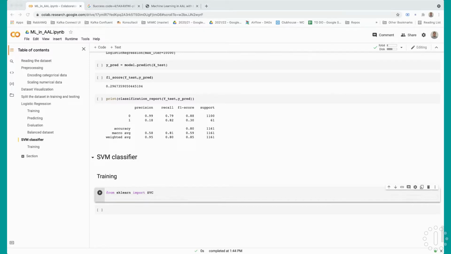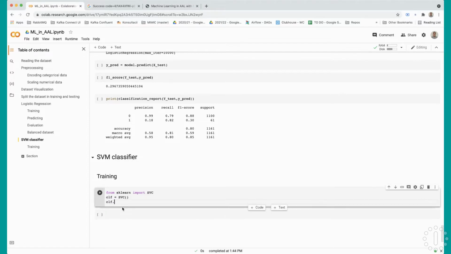After doing that, we have to create the object of this classifier. Classifier equals SVC, and then we can fit the values into this classifier. So we can put X train, Y train.